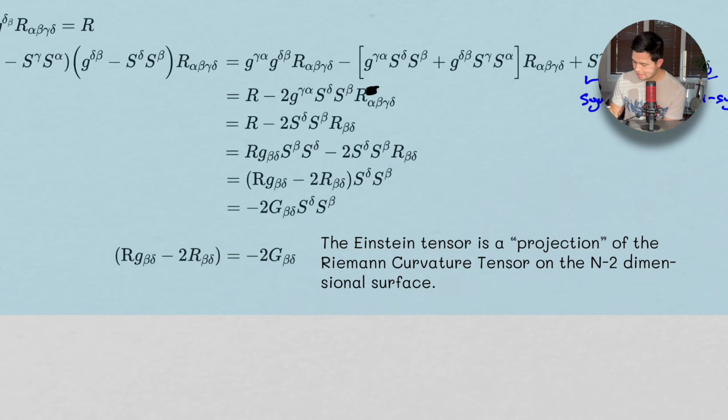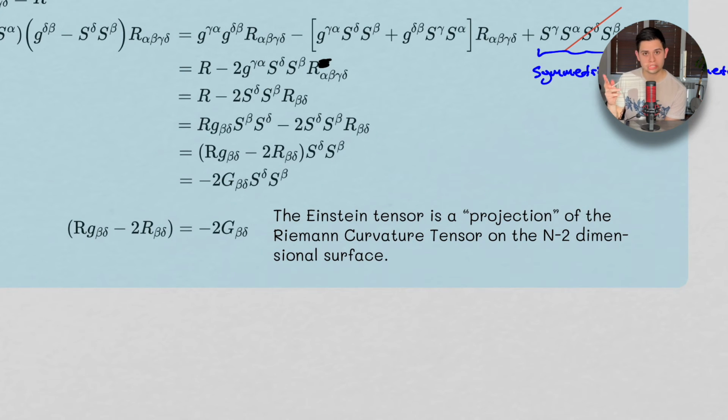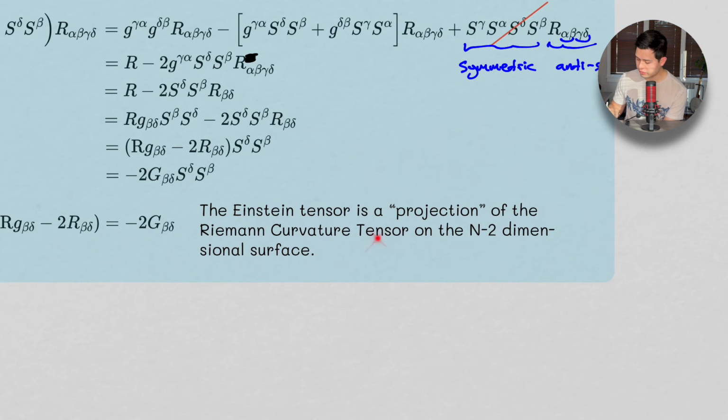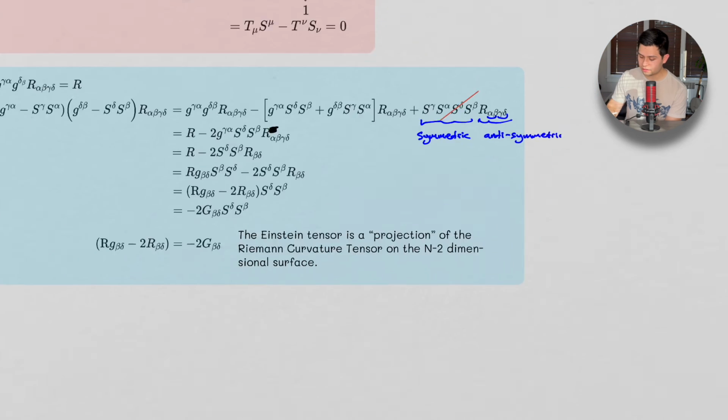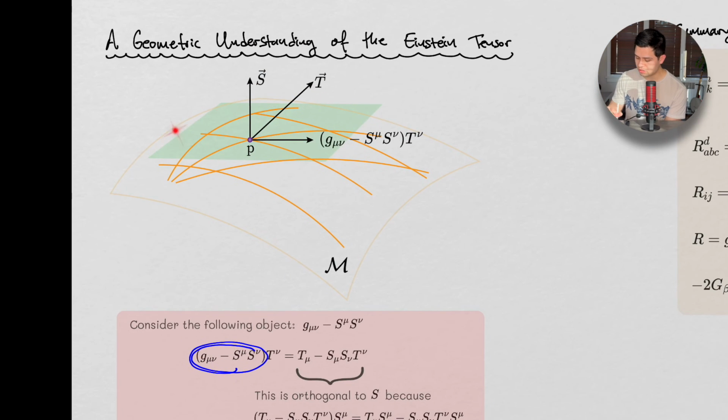So the Einstein tensor is a projection, if you will, of the Riemann curvature tensor on an n-2 dimensional surface, right? Because this surface is 2 dimensions. We've defined this to be a 2-dimensional surface, which is n-2 because the manifold itself was a 4-dimensional surface, right?